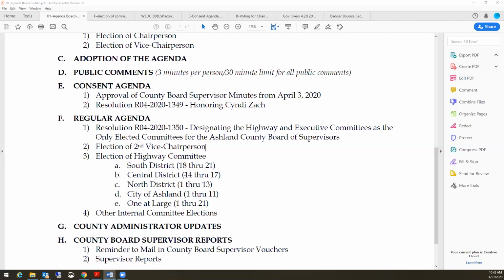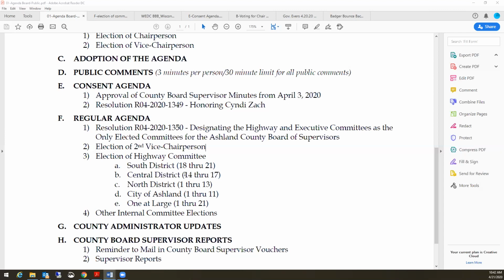And Max, correct me if I'm wrong, the second vice chair will basically act as chair if both the chair and the vice chair are incapacitated and unable to serve. And that person would carry through with the duties of the chair until a new chair and vice chair are elected. Would that be a summary, Max?